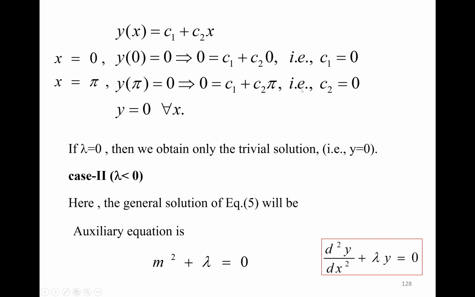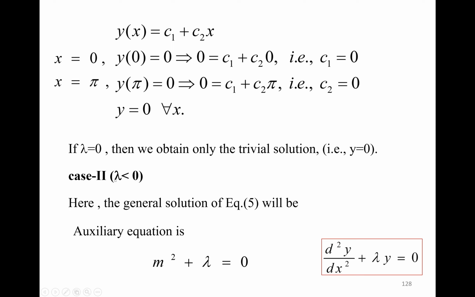Pi cannot be equal to 0, so the only possibility is c2 equal to 0. So c1 and c2 are both equal to 0, so y equals 0 for all values of x. This shows the trivial solution, because y equal to 0 is nothing but a trivial solution for lambda equals 0. So for the first case we have obtained only the trivial solution.